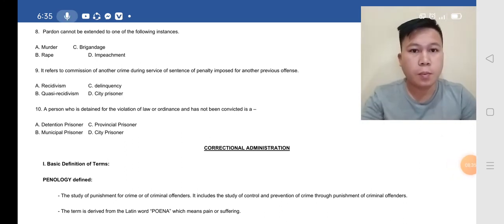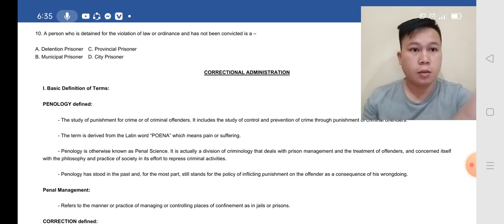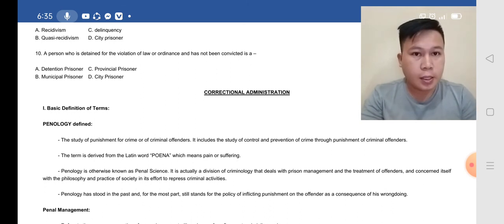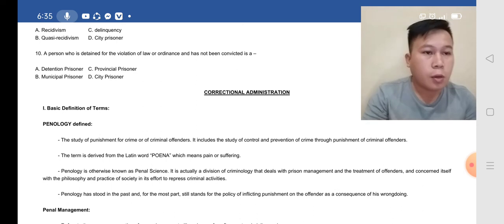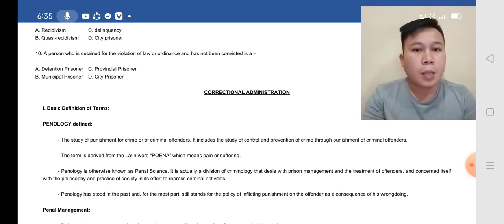So, in the basic definition of terms, we have penology defined. The penology definition, it is the study of punishment for crime of criminal offenders. It includes the study of control and prevention of crime through punishment of criminal offenders. So pag pinag-usapan natin ng penology, it talks about punishment of criminal offenders.